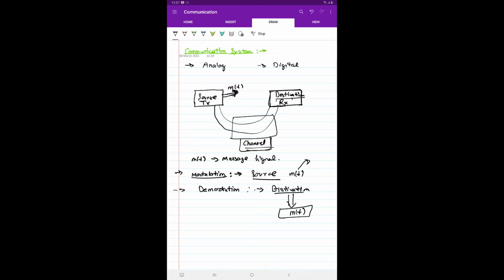Like if you are using air medium or wire, we can also use optical fiber, etc. So this wire, air, and optical fiber channel is going to have some bandwidth, and the message that we want to transmit over this channel is also going to have some bandwidth.